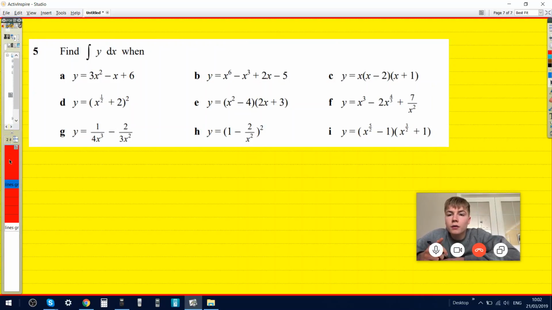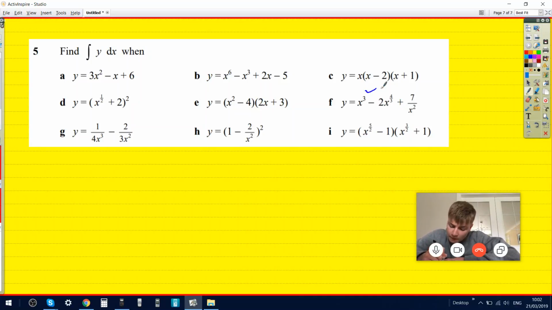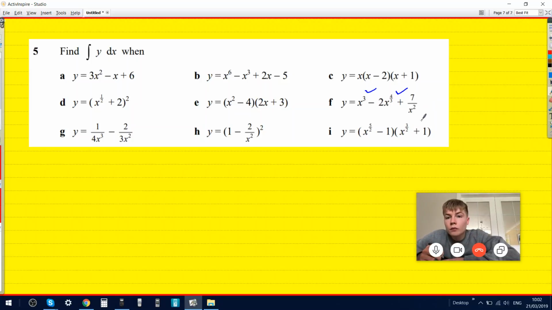What's the power of 2x, or is it 4/3? Yeah, so that's already polynomial form. That's already polynomial form, and it's just the last one. 7 over x squared is 7x to the minus 2. Yep, so that's going to have 7x to the minus 2.